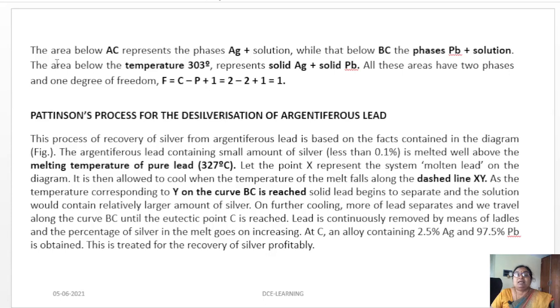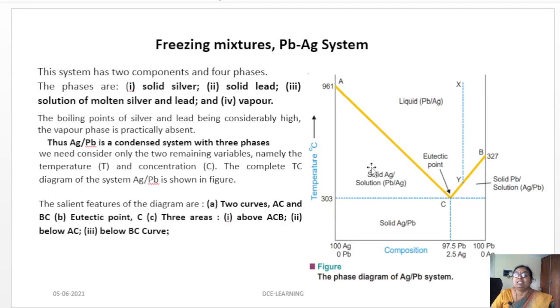That is how BAC and BC below it act, with these two phases. If you take any portion using this phase diagram of the lead silver system, you can determine the amount or the corresponding composition of the mixture.